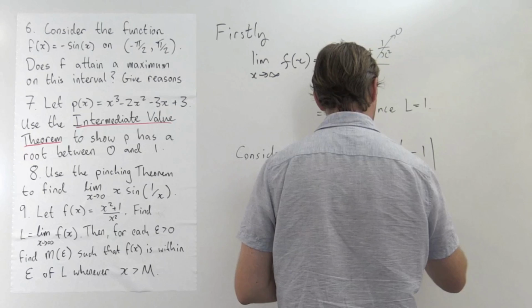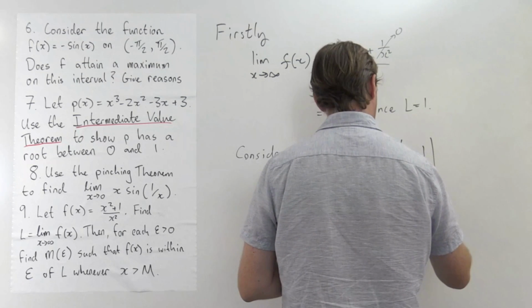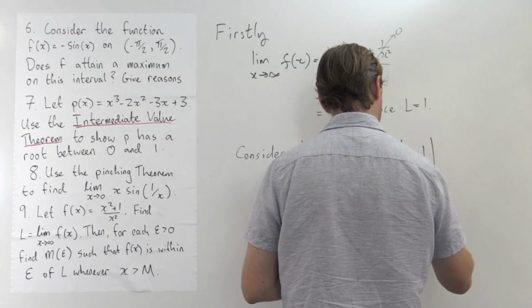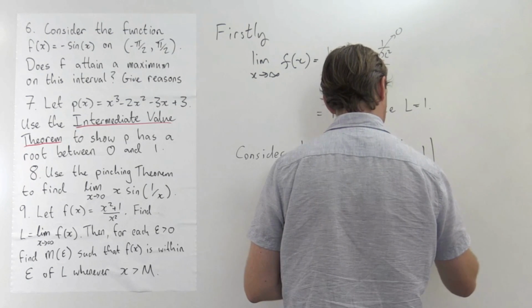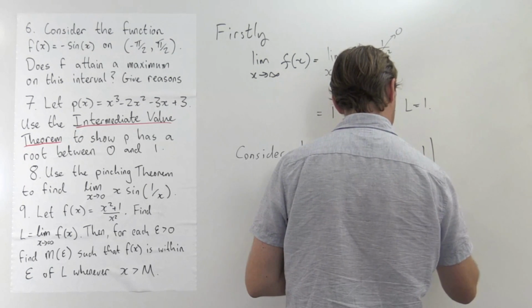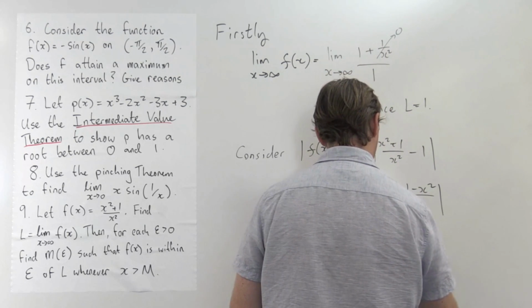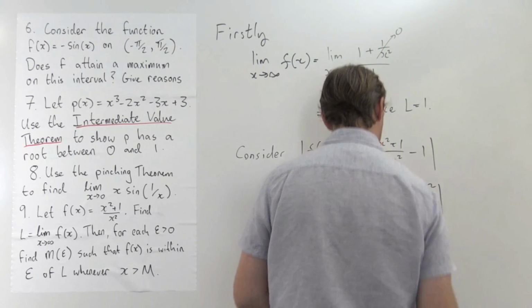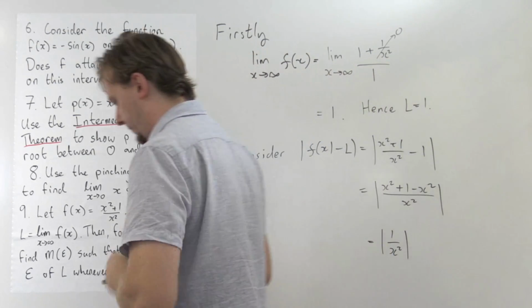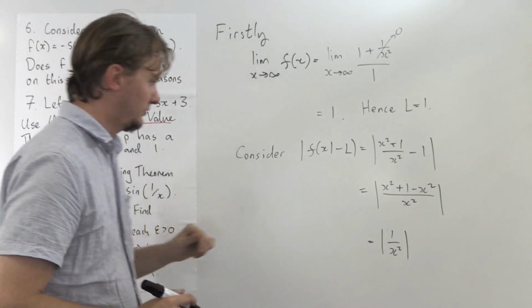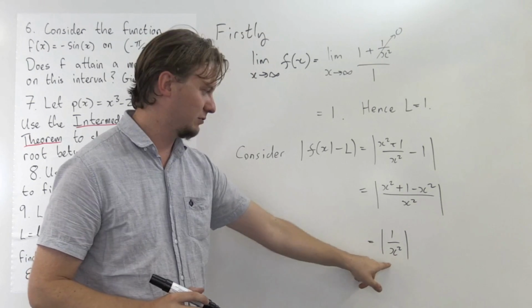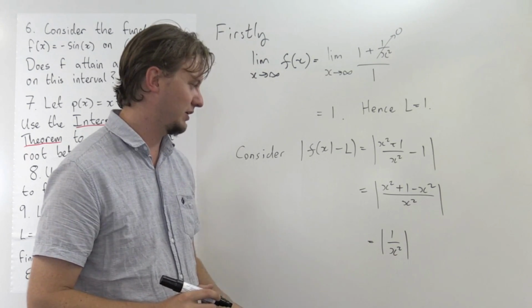So the common denominator gives me x squared plus 1 minus x squared over x squared, which is nice. It simplifies to just 1 over x squared. All right. So I want to make this quantity less than or equal to epsilon.